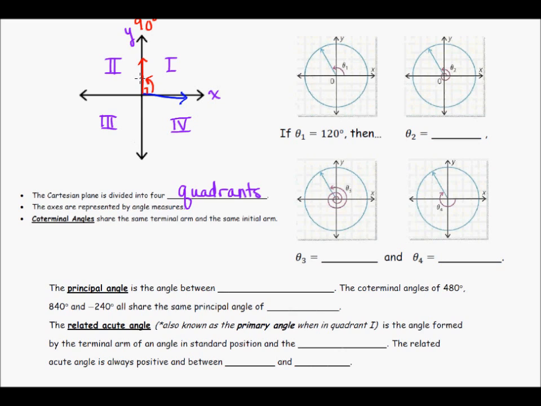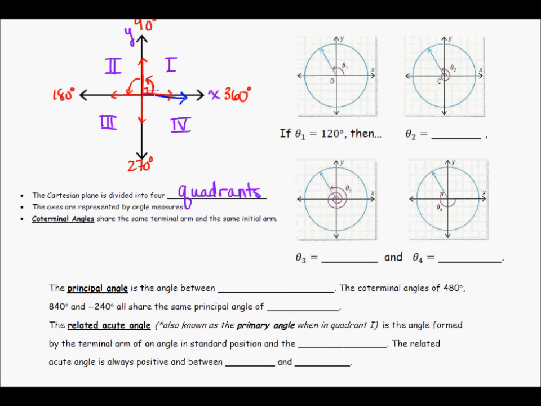If I rotate another 90 degrees, my terminal arm would be at 180 degrees. If I rotate another 90 degrees, I'm at 270 degrees if my terminal arm is located on the negative y-axis. If I keep rotating another 90 degrees, my terminal arm would end up right back at the positive x-axis, and so I would have rotated a full 360 degrees.